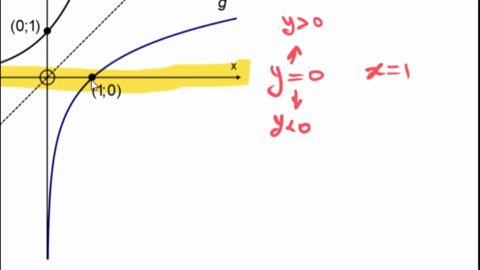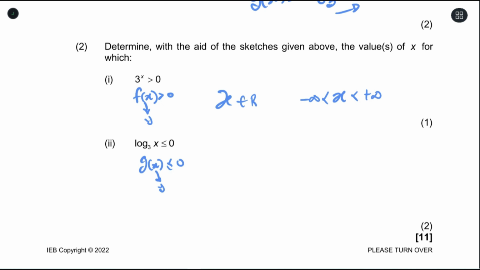As you can see, it starts from 1, which is here, and keeps going until this line over here, the line x equals 0. So we represent that as x is less than or equal to 1, but it has to be greater than 0, because you don't have any value less than 0, and that's it.